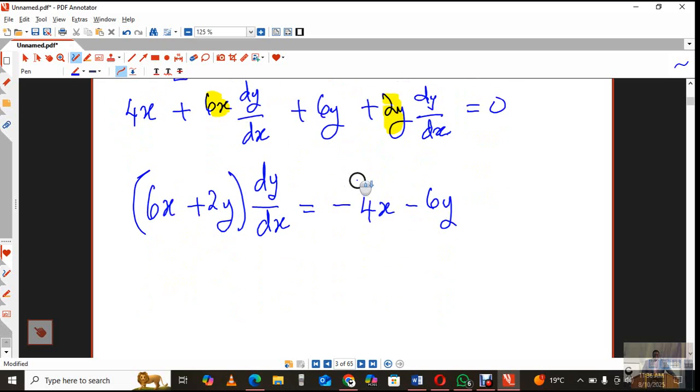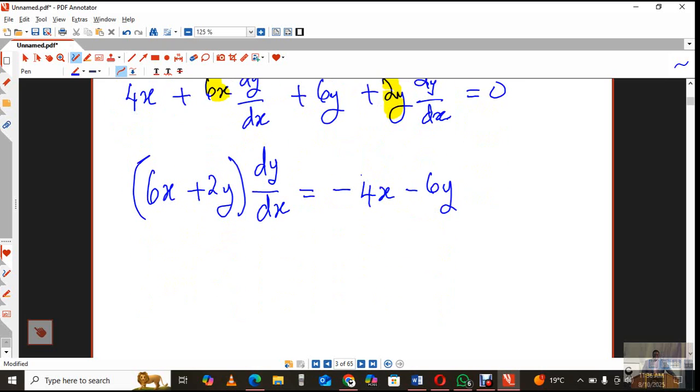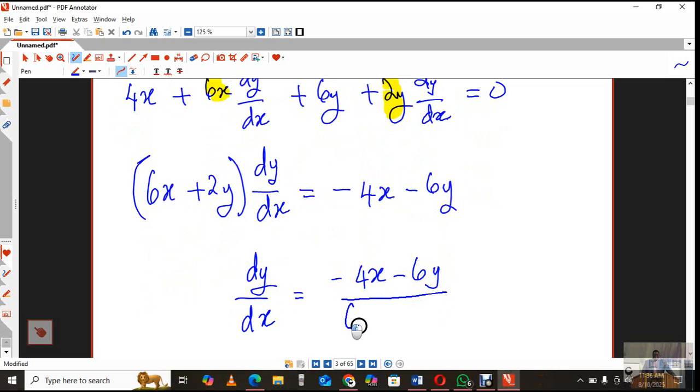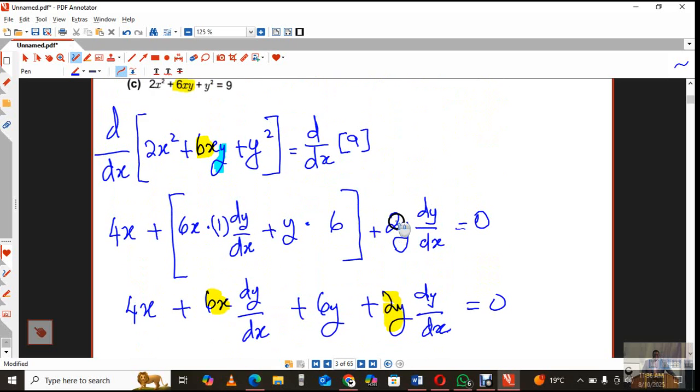So at the end of the day, we just have to divide throughout by 6x plus 2y, so therefore dy dx is equal to negative 4x minus 6y all over 6x plus 2y. And there you go. You have done that one.